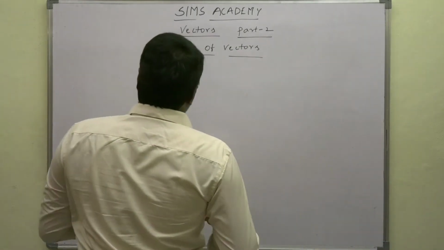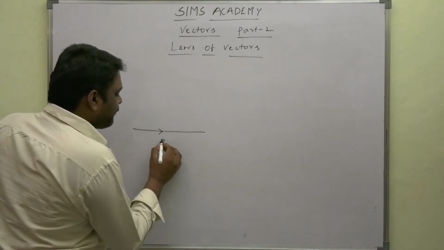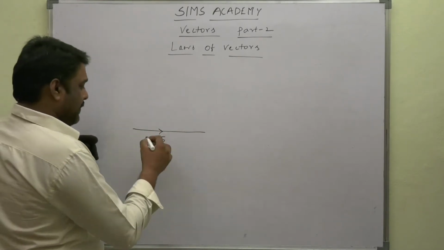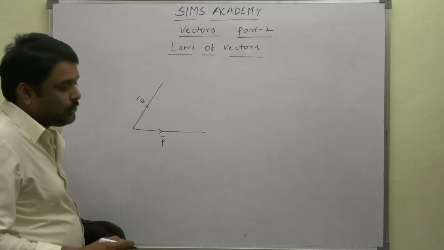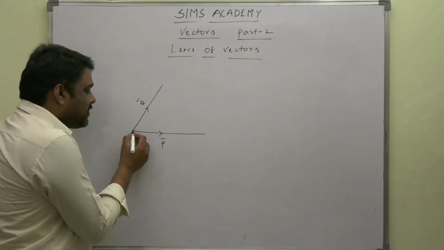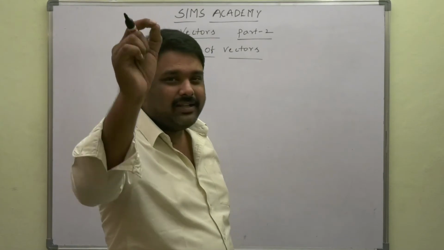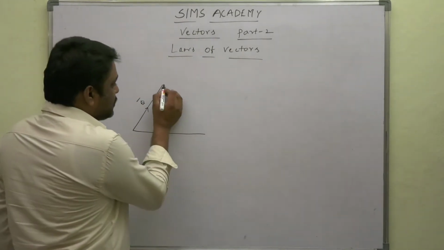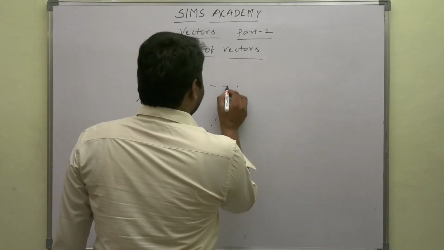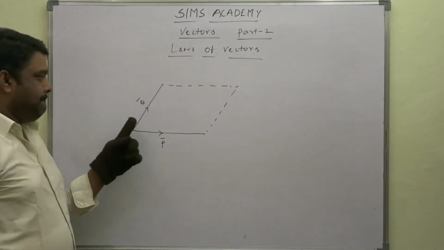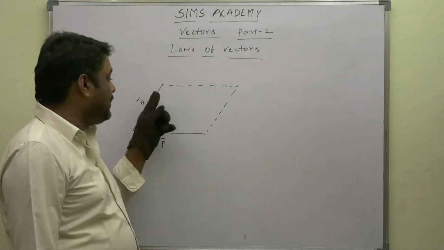Suppose two vectors, P bar and Q bar, start from the same point, acting on the same particle at the same point, and represent two adjacent sides of a parallelogram in magnitude and direction.